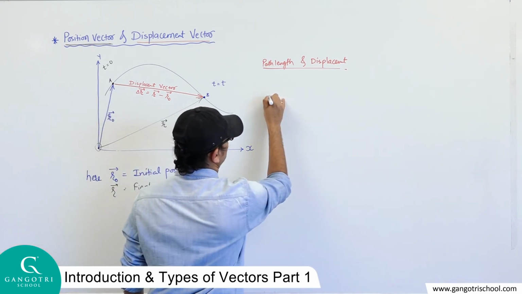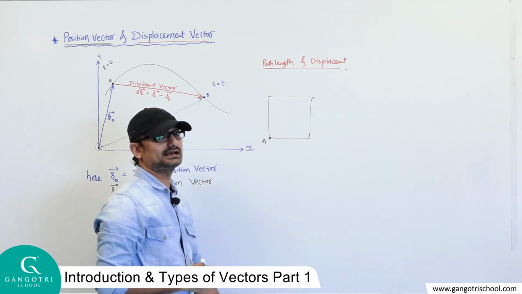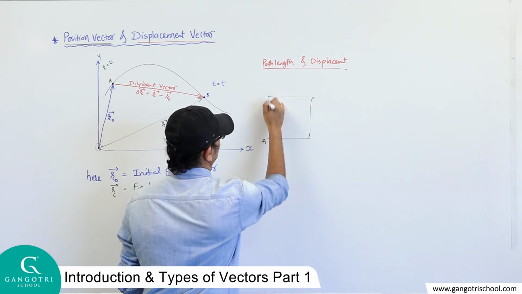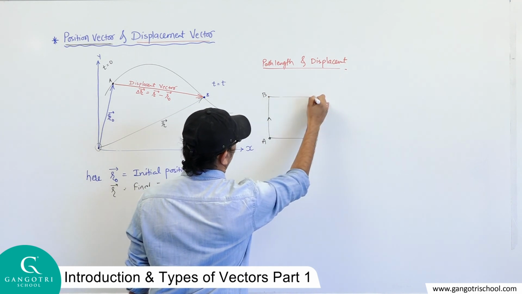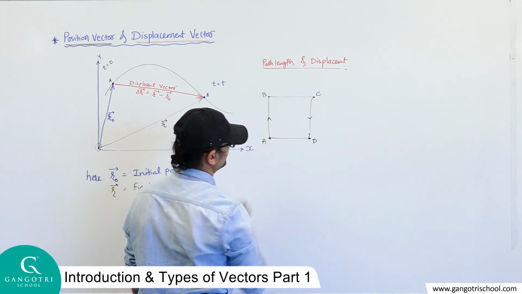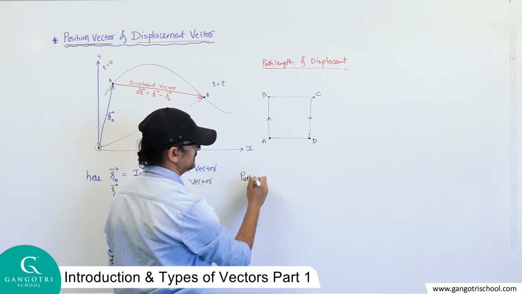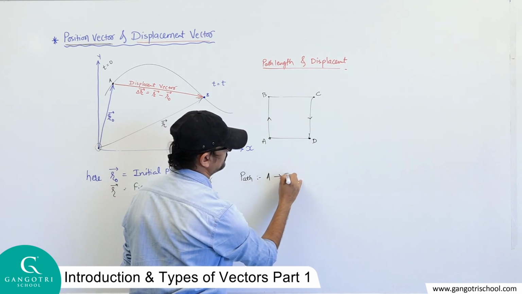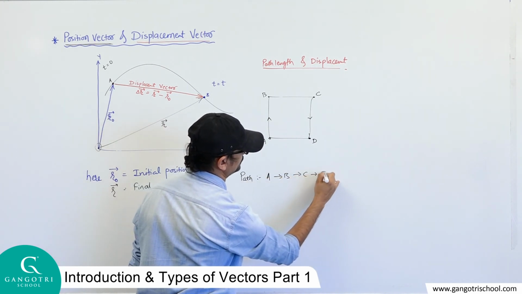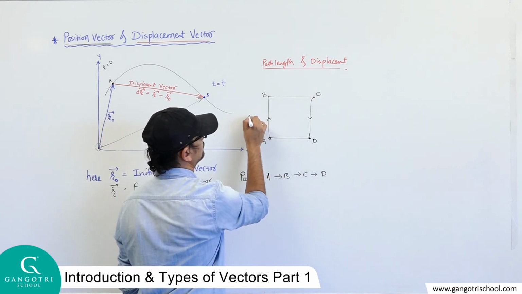For example, let's consider a square. The particle is initially here at point A, then it goes from A to B, then from B to C, then from C to D. So the path on which the particle travels is A to B to C to D, and consider that each side of the square is of length 5 meter.